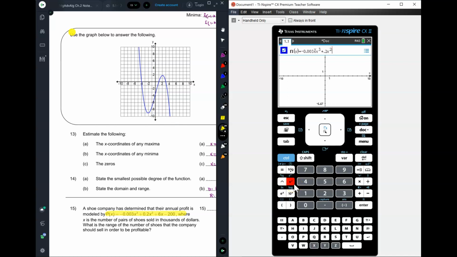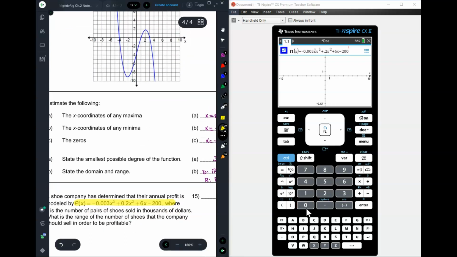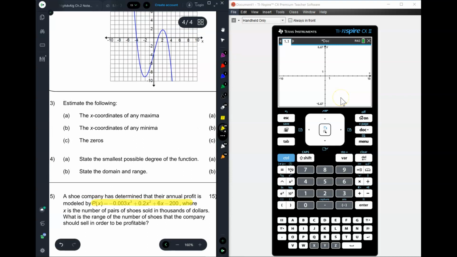I hate using this. It's so awkward. Okay, do I have the right function up there? Plus 6, but is it correct? Always double check, guys. Okay, so enter. Okay, I don't see anything. Fine. Now I'm going to go back.